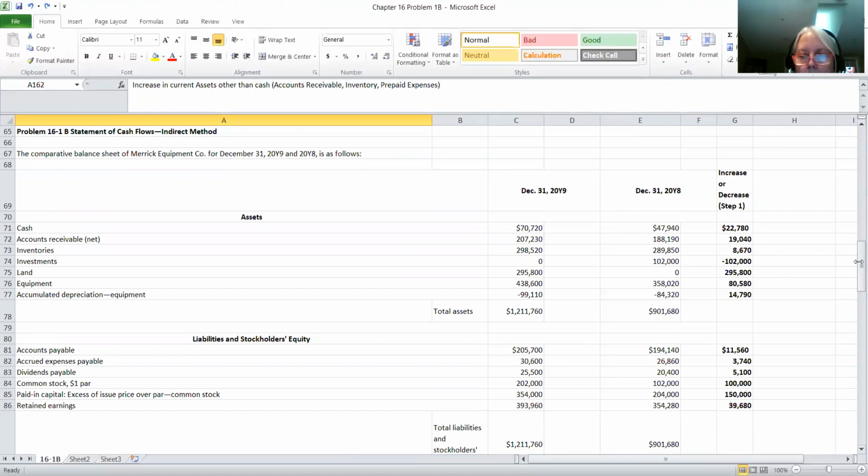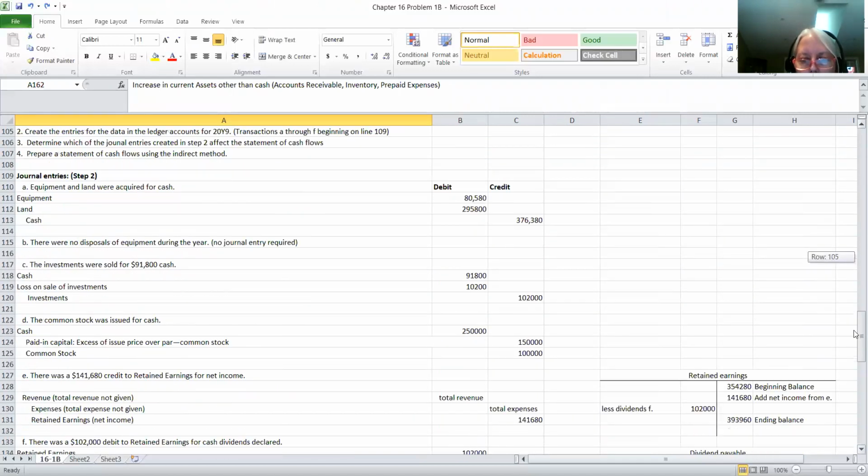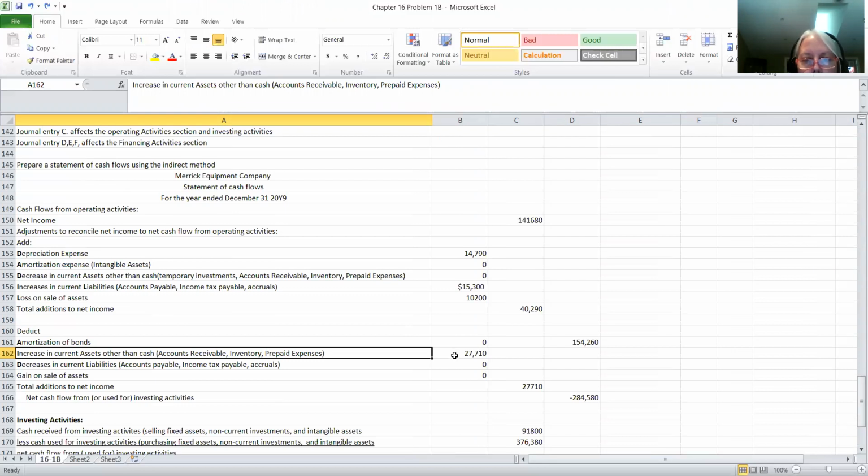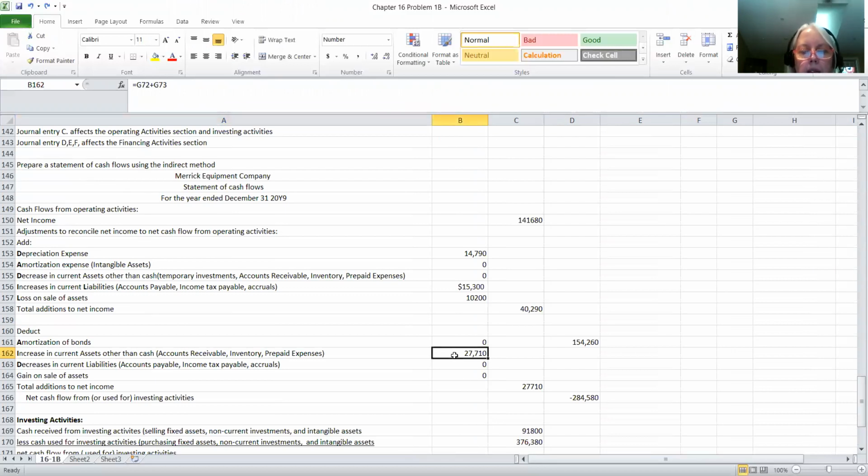The two of these added together is the amount of $27,710. This is going to be deducted from our operating activities when we're adjusting the net income.